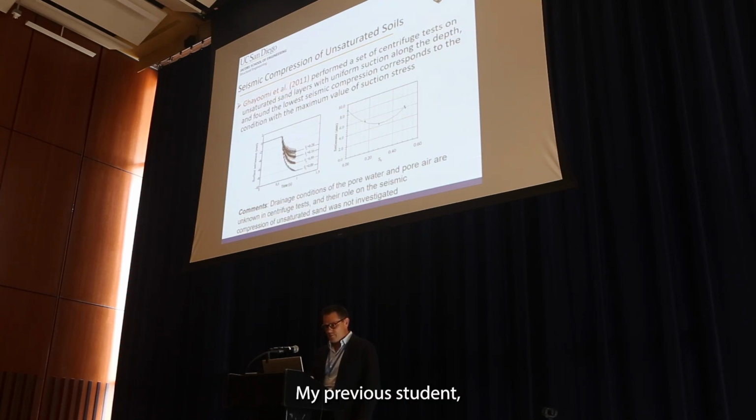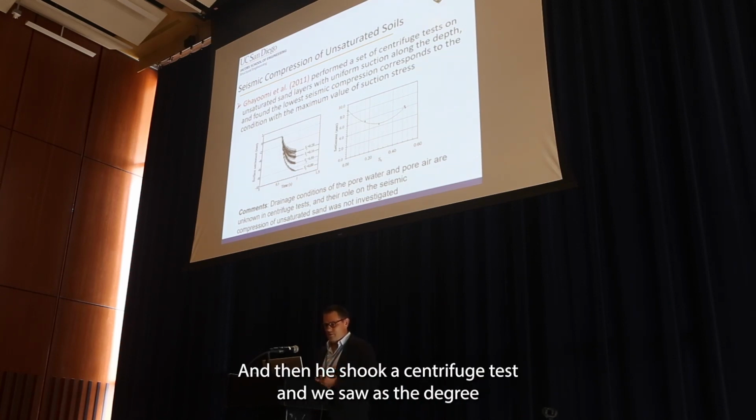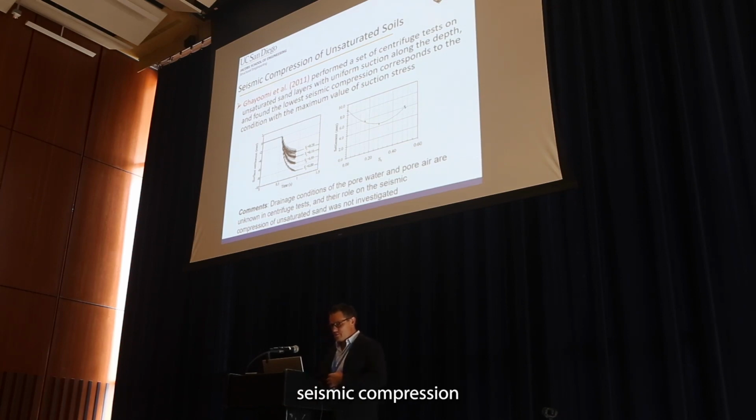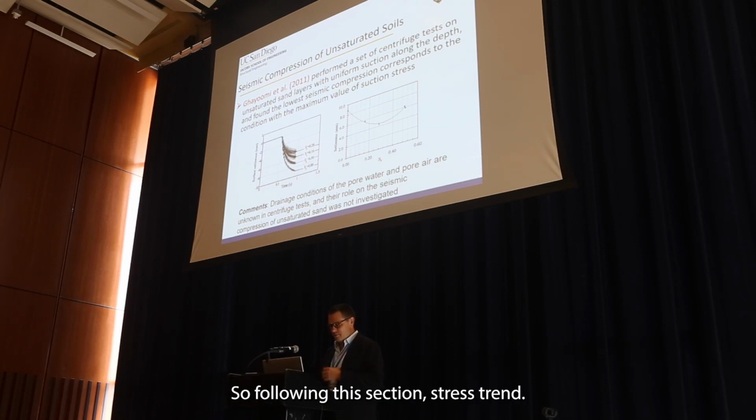My previous student, Majid Gayoumi, did some centrifuge tests where he had constant rates of infiltration, which changed the degree of saturation, and then he shook a centrifuge test. And we saw, as the degree of saturation changes, a U-shaped trend in the seismic compression with a minimum value at this middle range of degree of saturation, so following the suction stress trend.